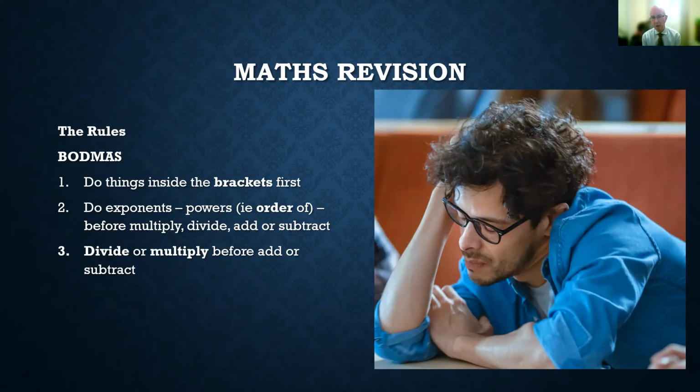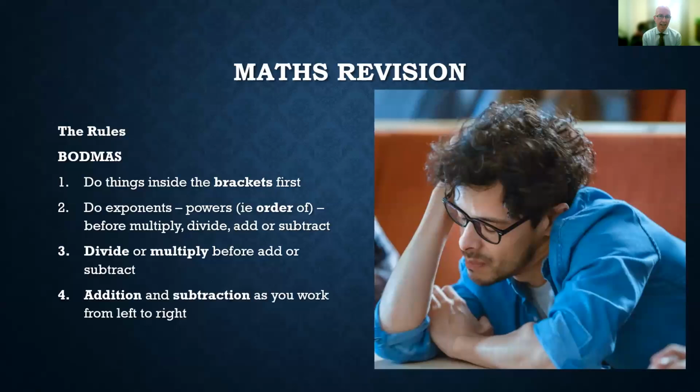We do that before we add and subtract. And then the final step is add or subtract as you work from left to right. So it's brackets first, powers second, divide and multiply third, and then addition and subtraction last. And we generally work from left to right in the equation.